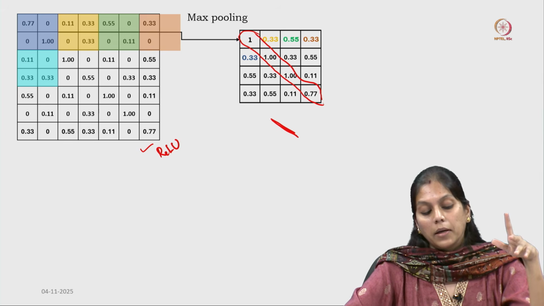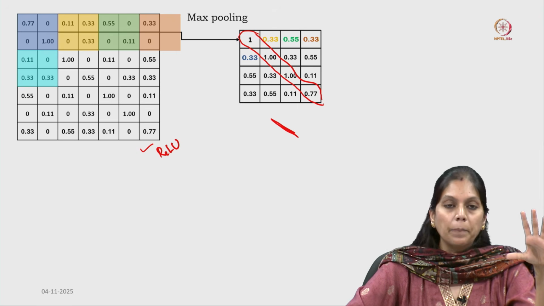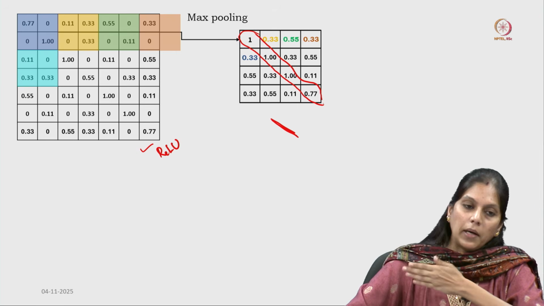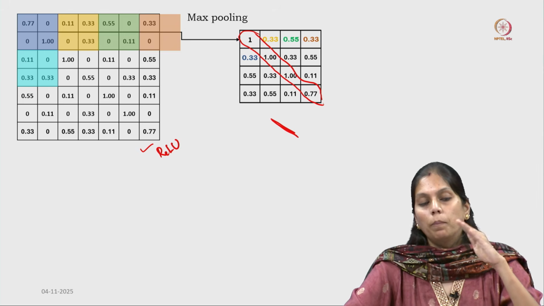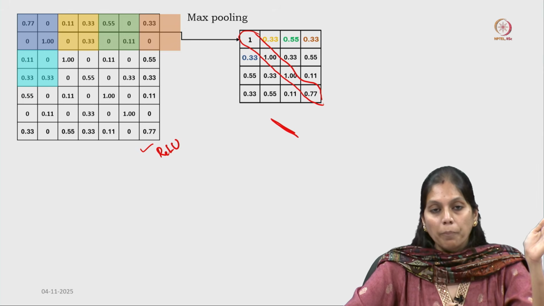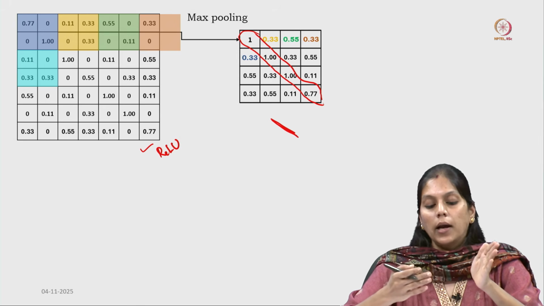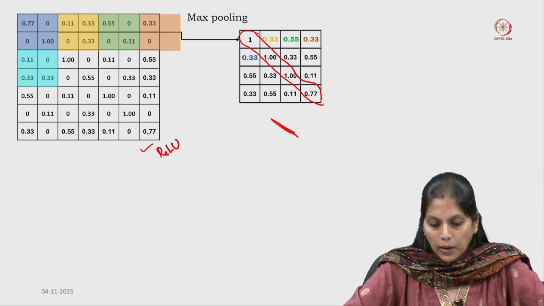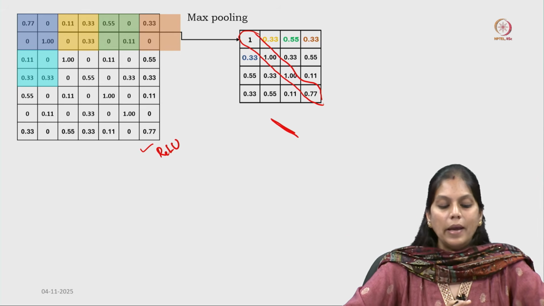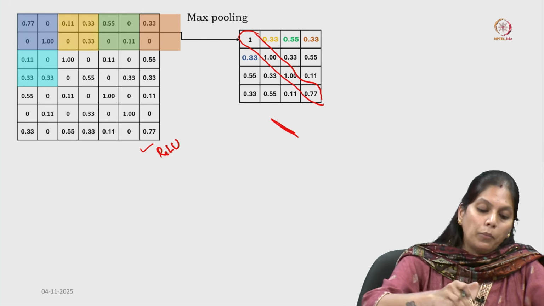But now what we are aiming for here is, I still want to use the fully connected neural network only, but I do not want to pass the complete image. I want to reduce the size of the image so that you can send it to the fully connected neural network.